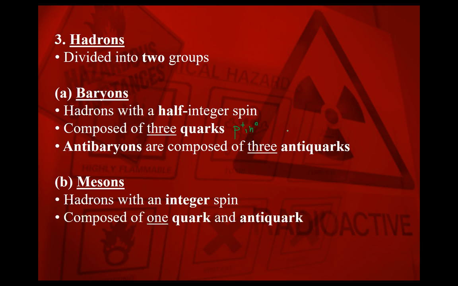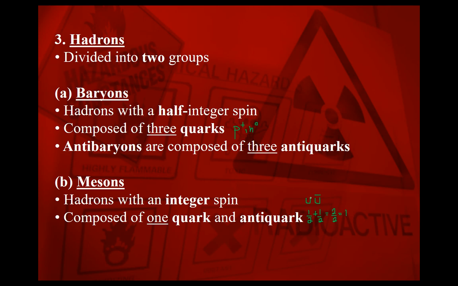These are composed of 1 quark and an antiquark. Okay, so one little example of this is a meson could be a quark, like an up quark, and it would have an anti-up quark. Up quark, anti-up quark. If I take these 2 spin numbers and I add them together, so the spin number of every quark is 1/2, so you'd have 1/2 plus 1/2 would just be equal to 2/2, which is 1. So you have an integer spin as a whole for the composite particle.